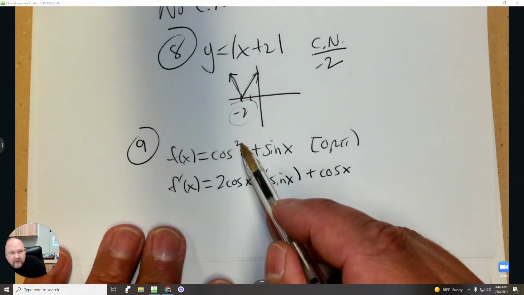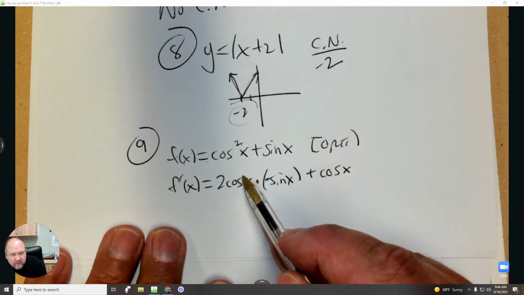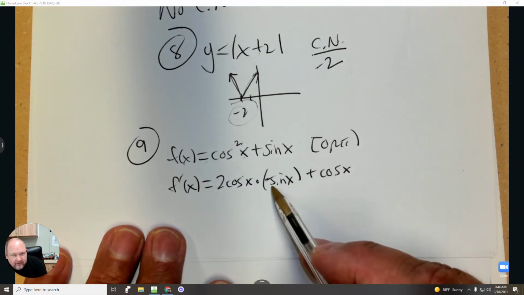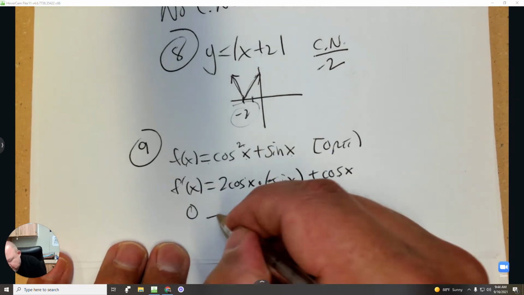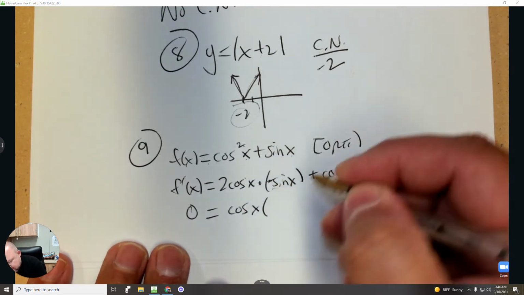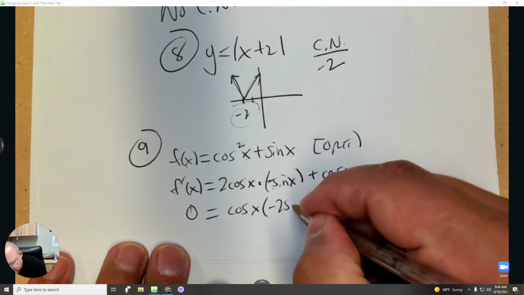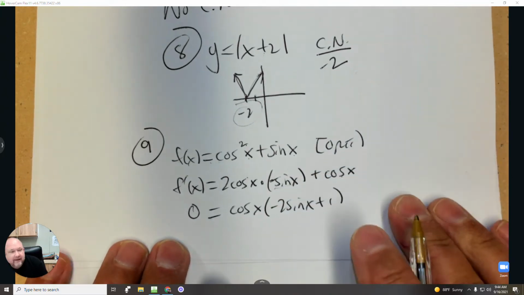There's a hook. So 2 times 1 in front, subtract 1 from the exponent. Then the derivative of cosine is negative sine. The derivative of sine is cosine. Make it equal to 0. We're going to factor out a cosine. And then we're going to solve it.